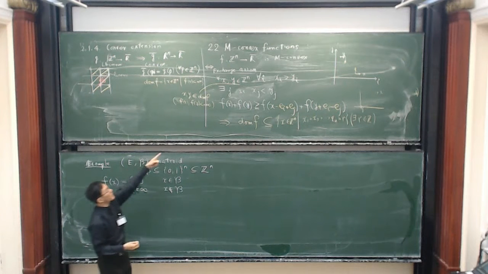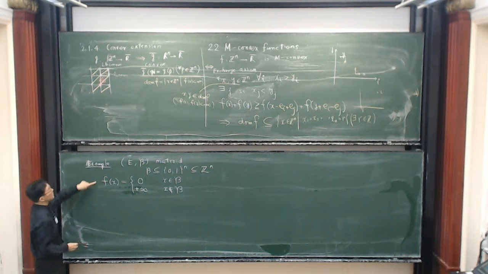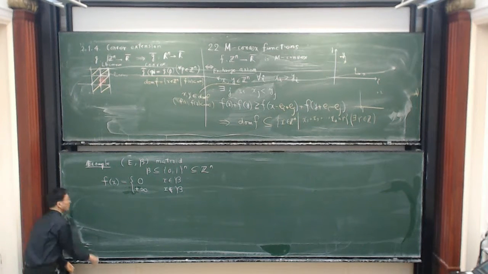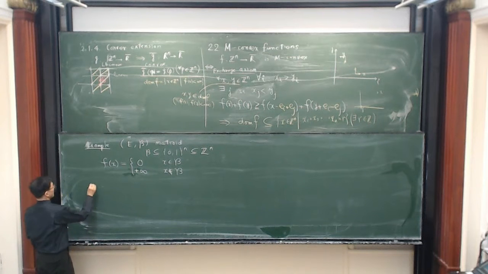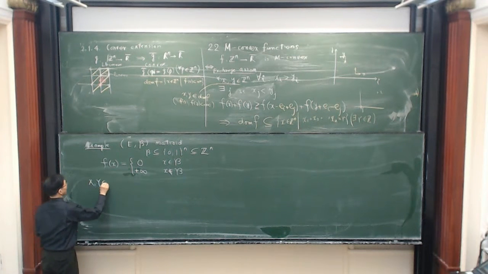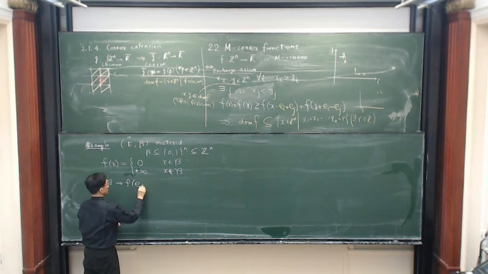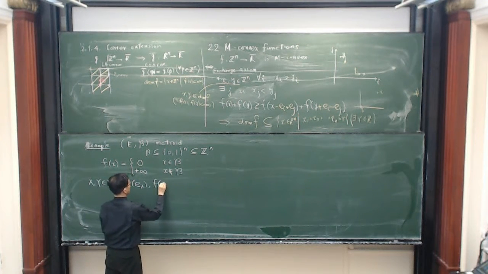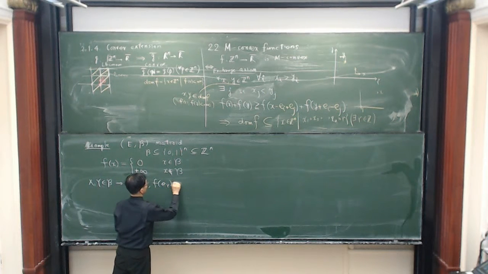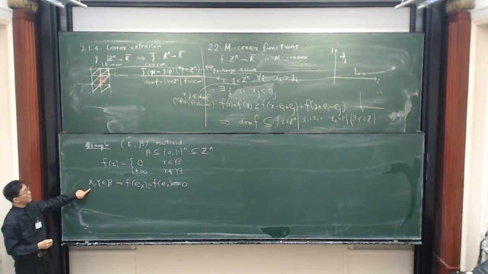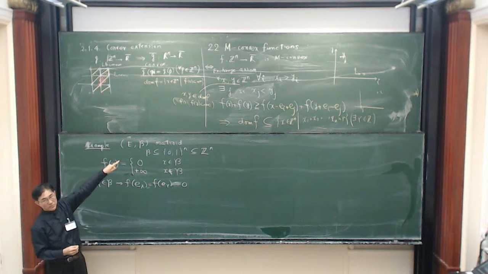So then this axiom says that if we have finite f(x) and finite f(y), that means we have two bases corresponding to x and y. If x and y are bases, that means f of e_x and f of e_y are both 0. Now let's look at that axiom.